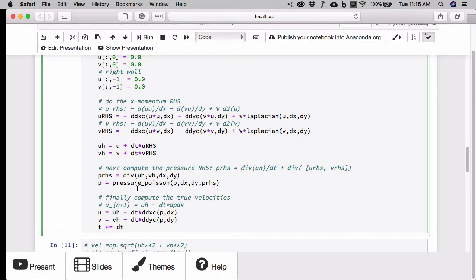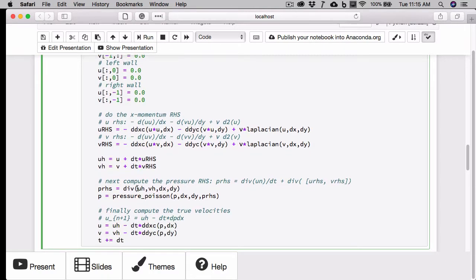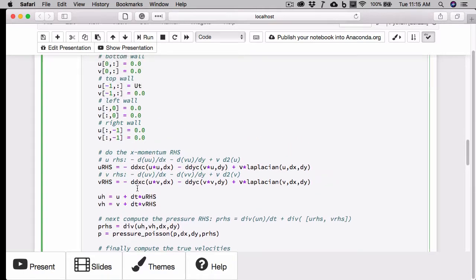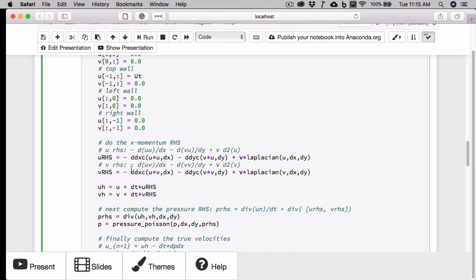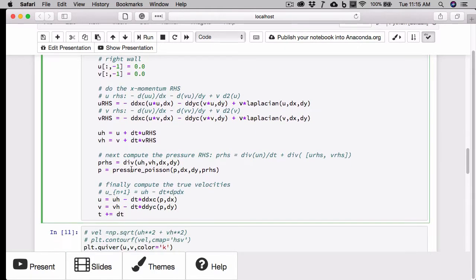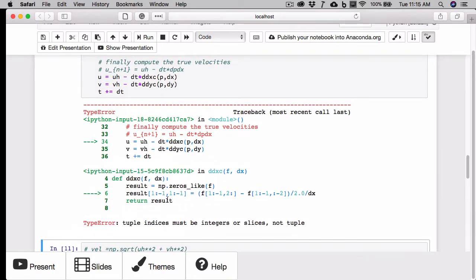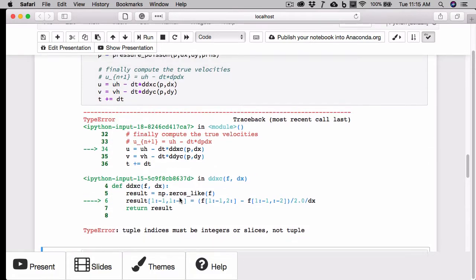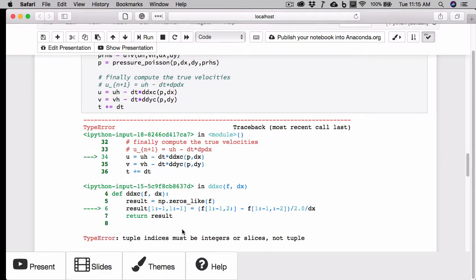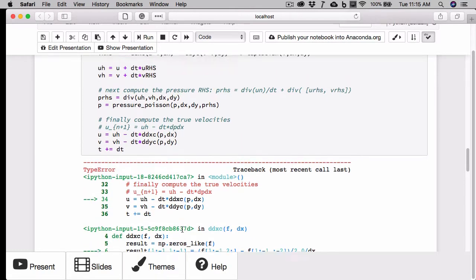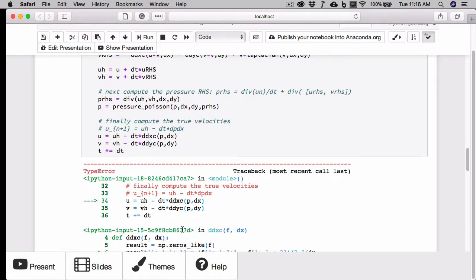Now, to make sure the boundary conditions are set on the correct velocity, actually, no, this will work. Yeah, let's run this. Okay, so we have an issue here: tuple indices, ddx. So we made a mistake.